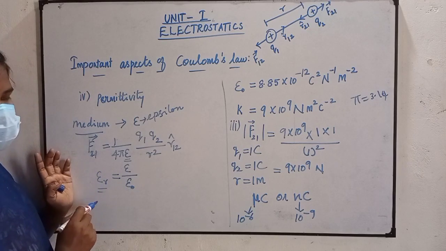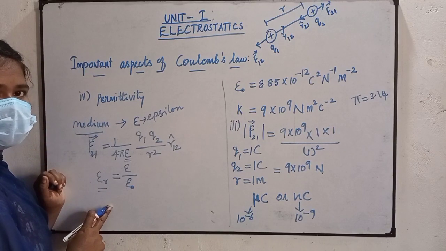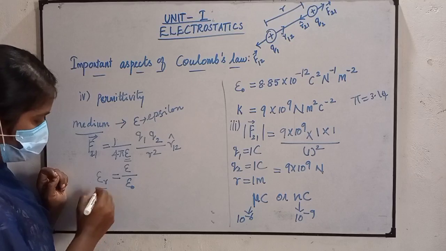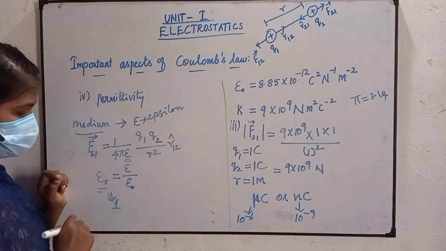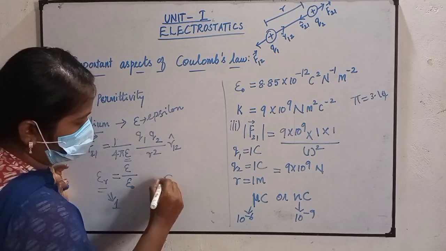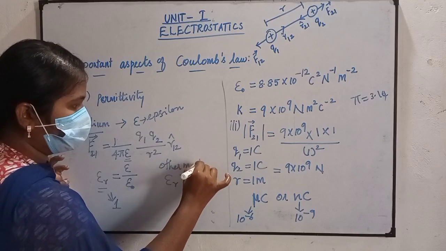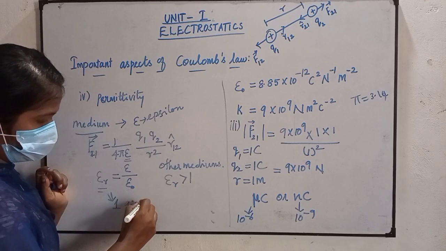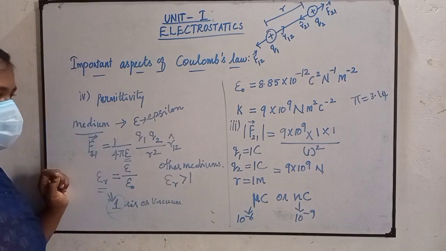The relative permittivity of vacuum or air is equal to 1. For other mediums, the relative permittivity is greater than 1.